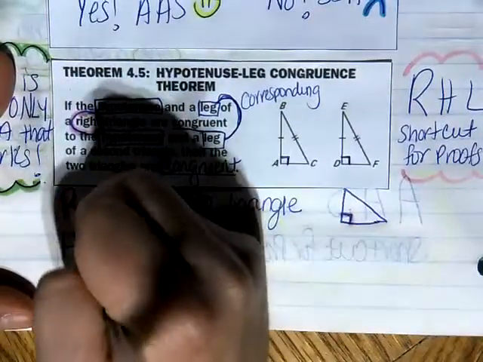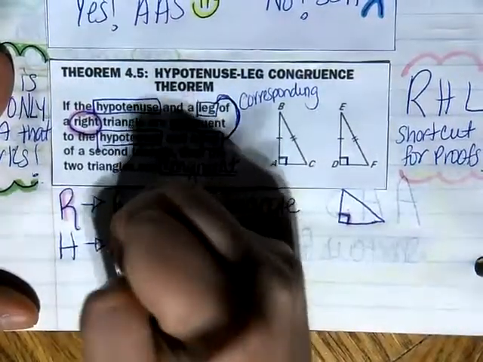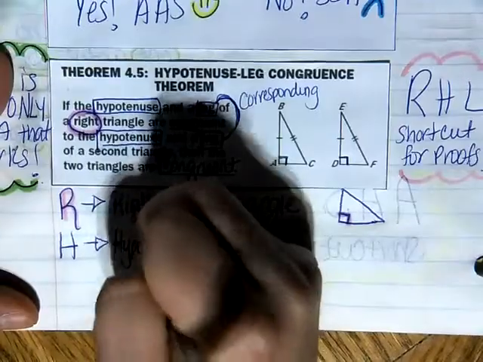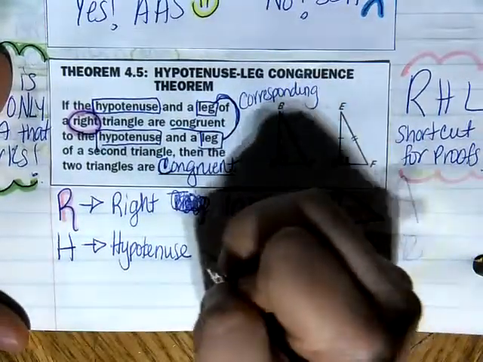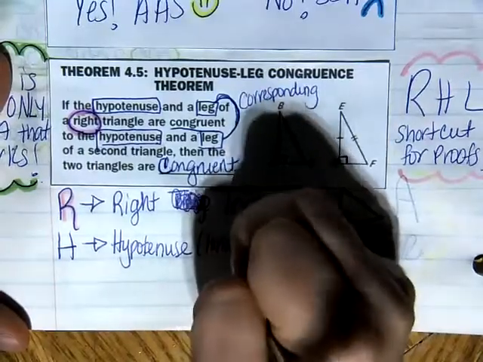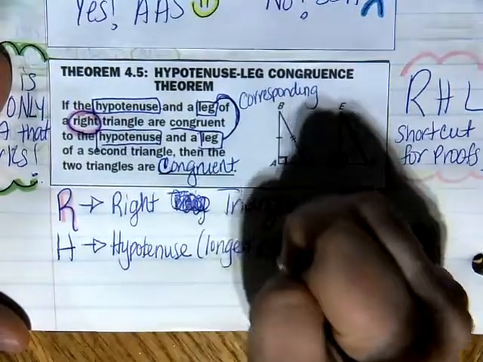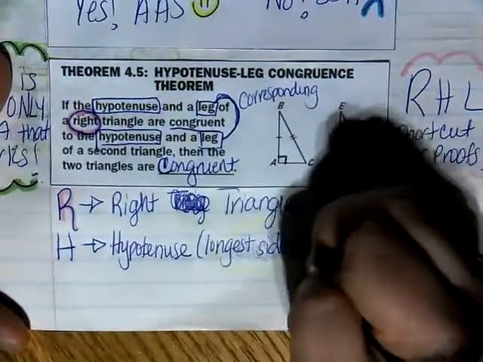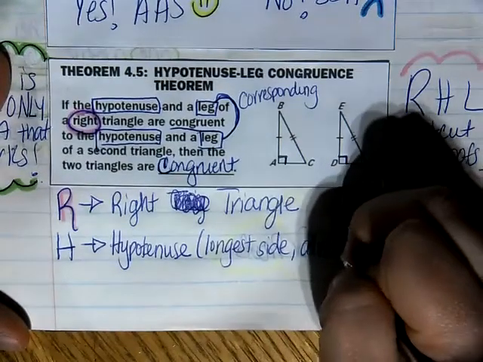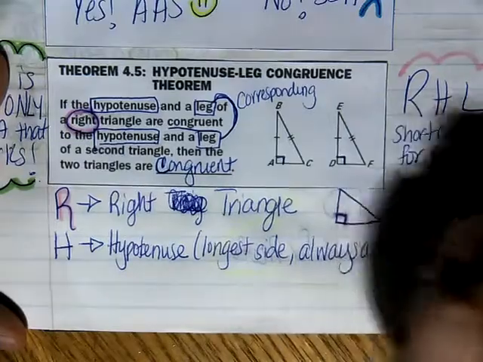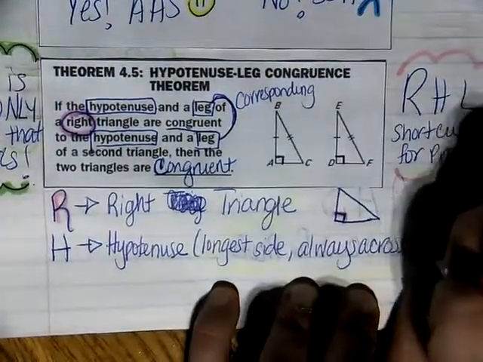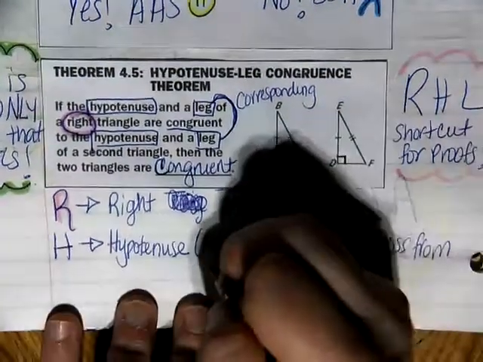H represents the word hypotenuse. And what a hypotenuse is, it's the longest side of a triangle, and it's always across from the right angle.